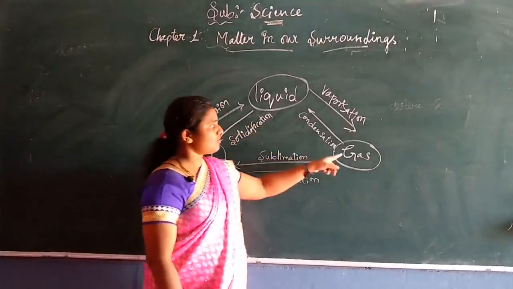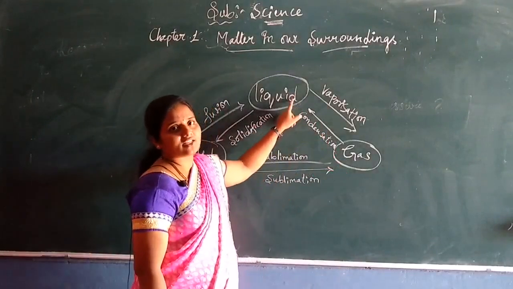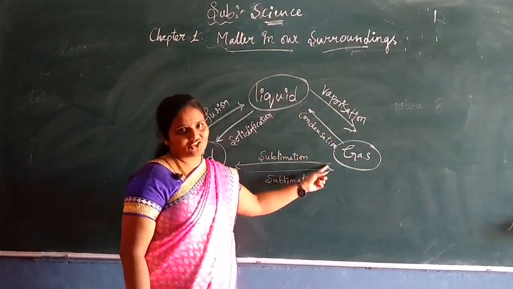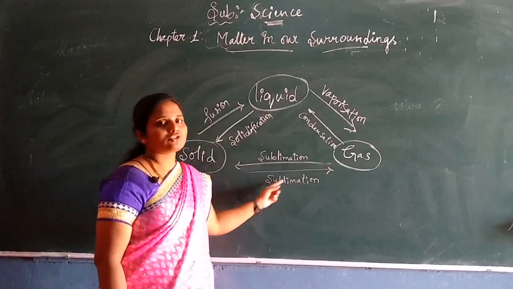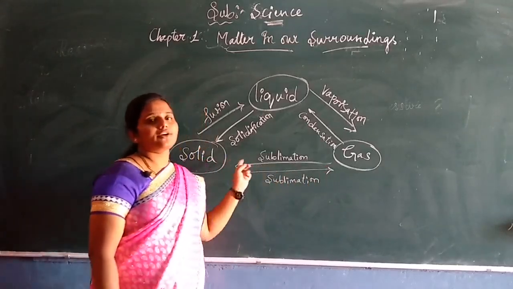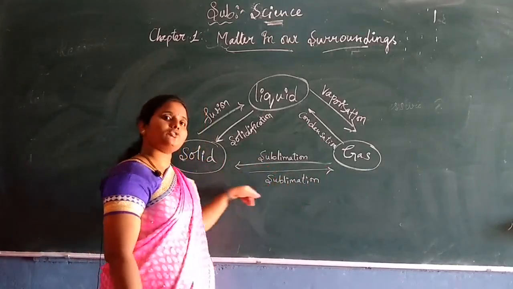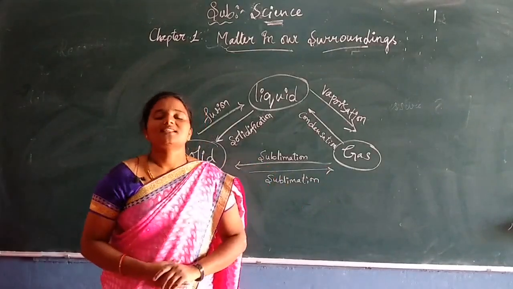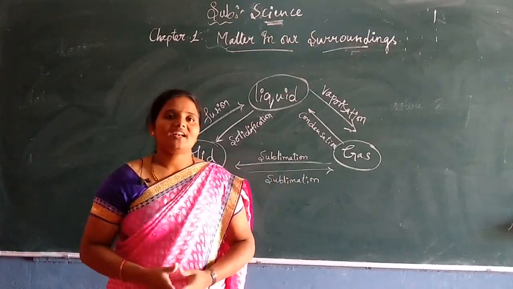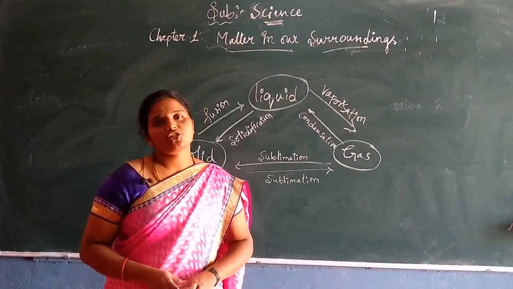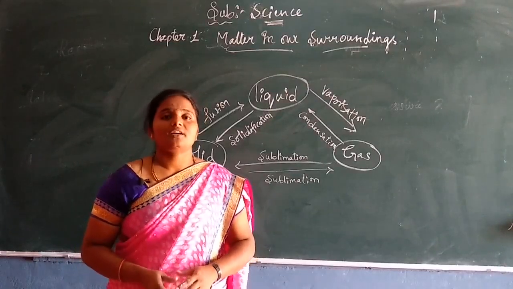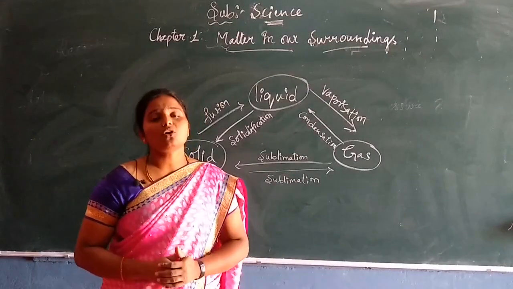Then the conversion of a gas state into liquid state is called condensation. Then the last one, conversion of a solid to gas or gas to solid is called sublimation. So we can conclude that due to change of temperature and pressure, the different states of matter exist.